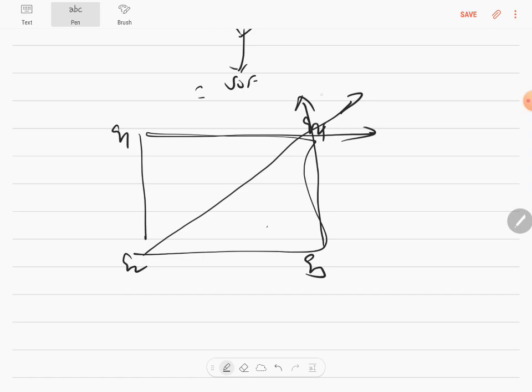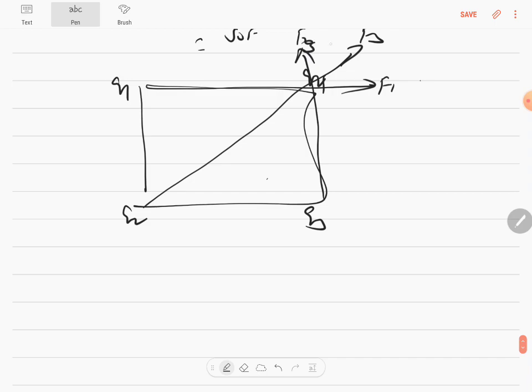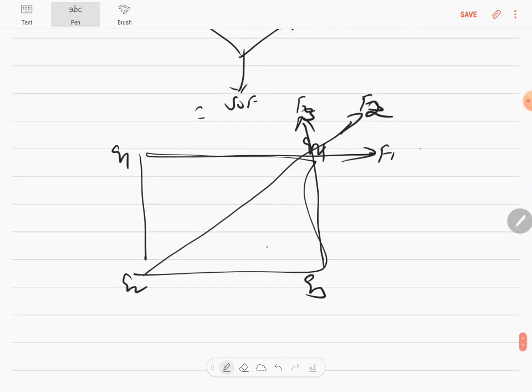You already have an F1, an F2 and an F3. You have three forces and you have to find the resultant of all this. If you take F1 and F3 alone, the resultant of it will be root of F1 square plus F3 square.